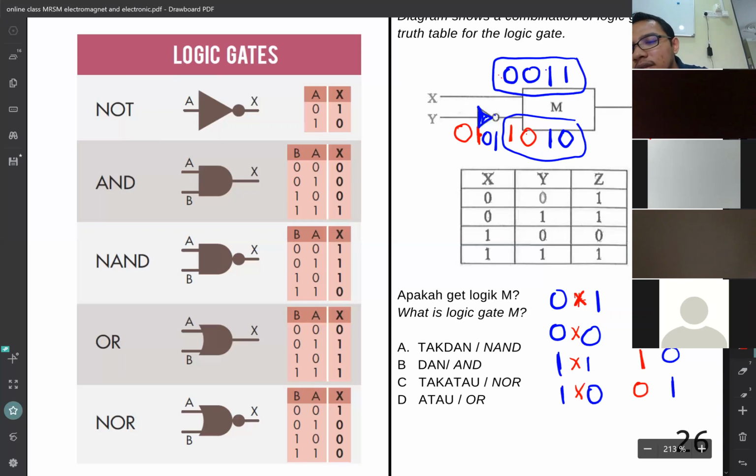So this is basically output for n, but at the back is output for none. Okay, so the answer is A, none. Okay, you might try all the other question also.